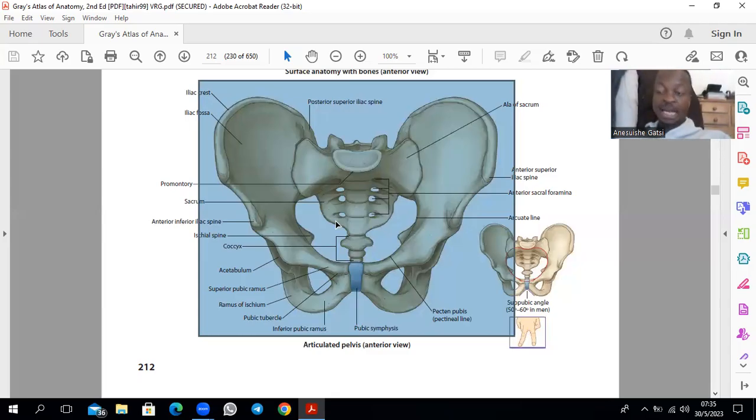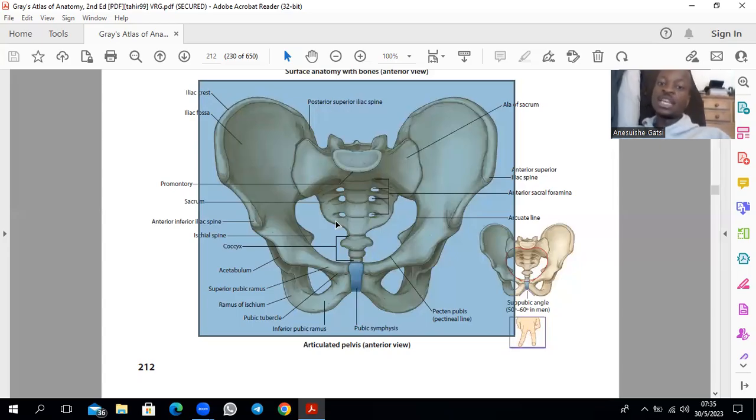Then clinicals. Robert's pelvis: absence of the ala of the sacrum, total absence. Nagele's pelvis: this is where you have partial absence of the ala. Then you can talk about assimilation pelvis, which can be high assimilation or low assimilation.